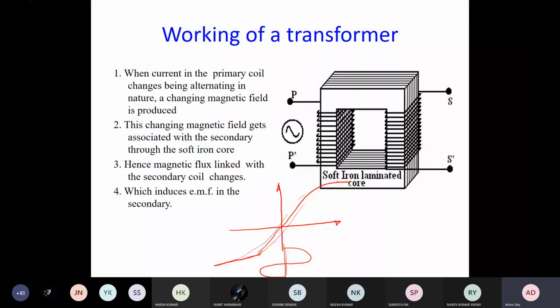When you hit your knee point, then for a sinusoidal current I, which is proportional to H, you will get a flux which will look like this.